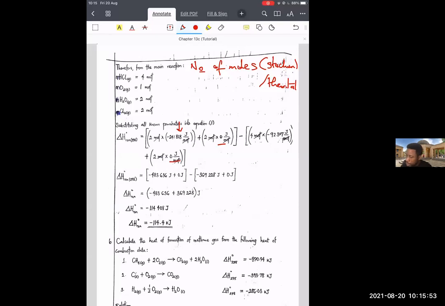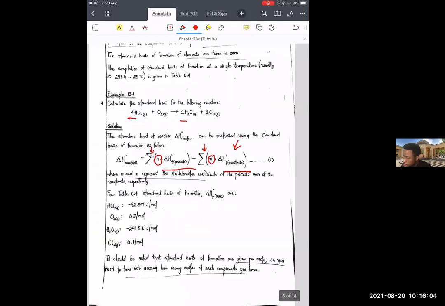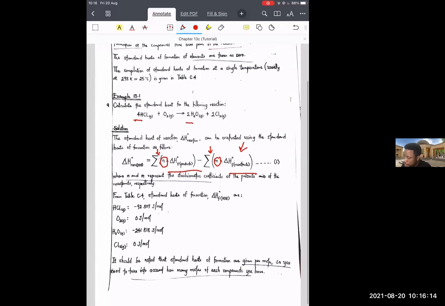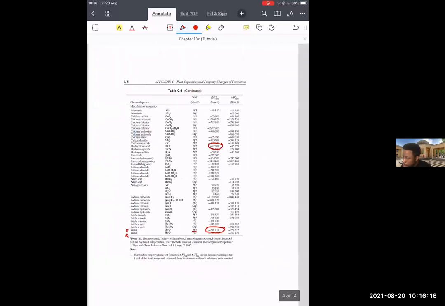So we plug in the value for our HCl, we plug in the value for water. HCl in the reactants, water in the products. So we've done that, water in the product.